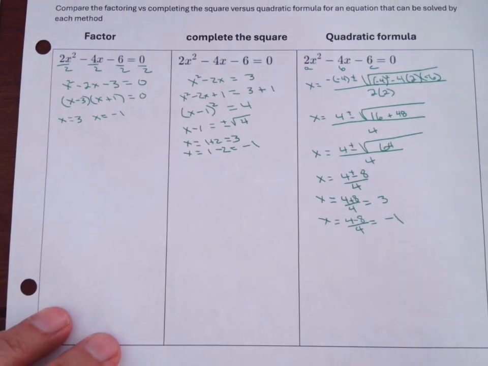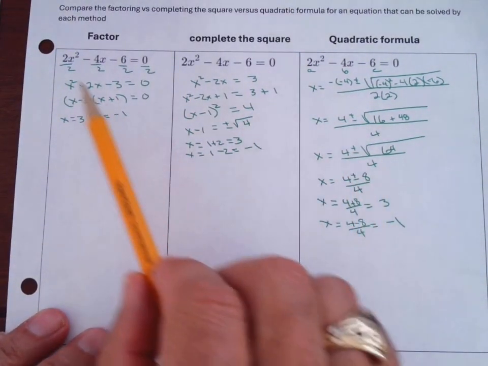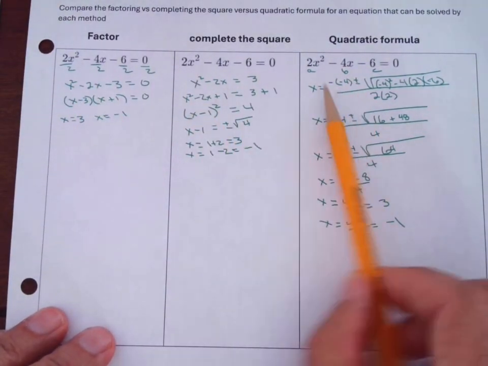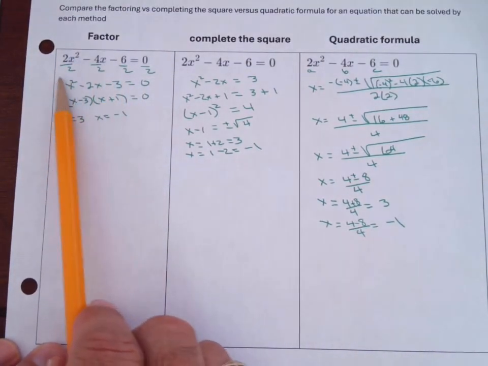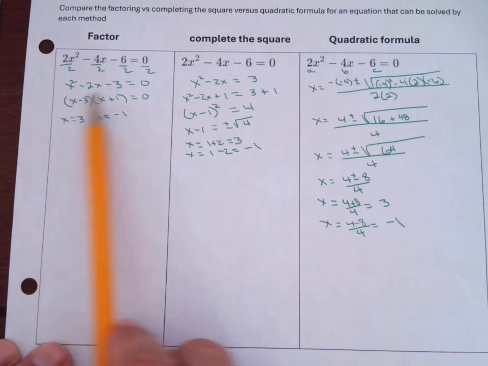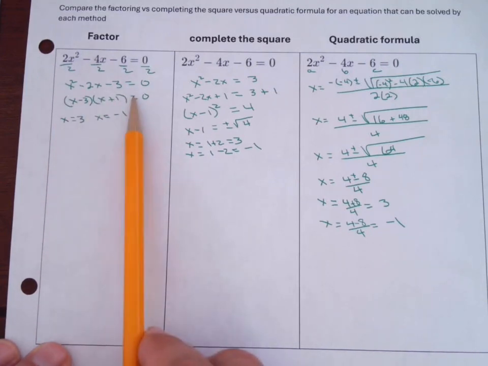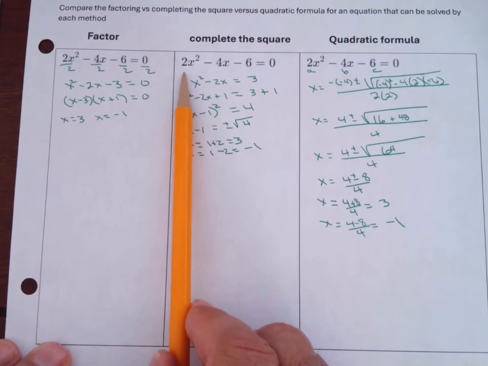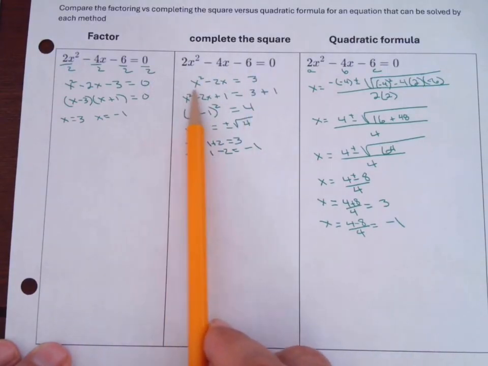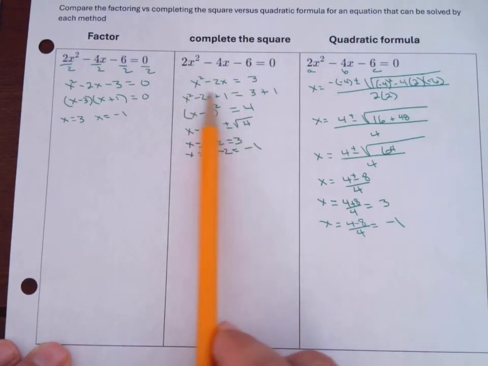So just to illustrate this, I'm not going to go through this, but here's three identical problems. First one I solved by factoring, right? I removed the greatest common factor of 2, divided everything by 2, and then a simple factorization, I get 3, -1. Here I divide out the 2 again, divide both sides.